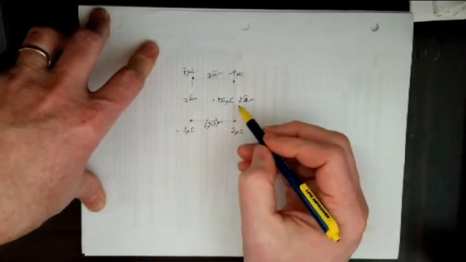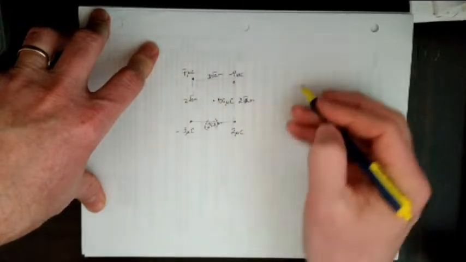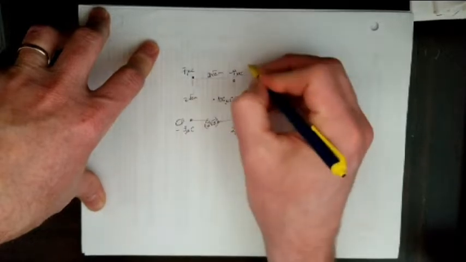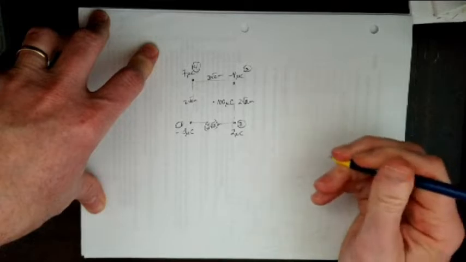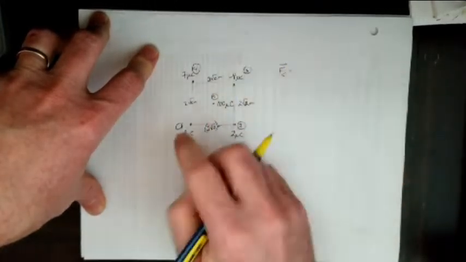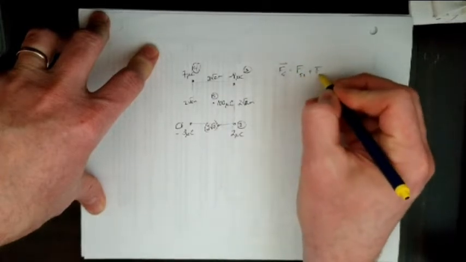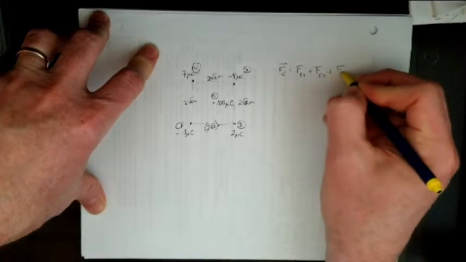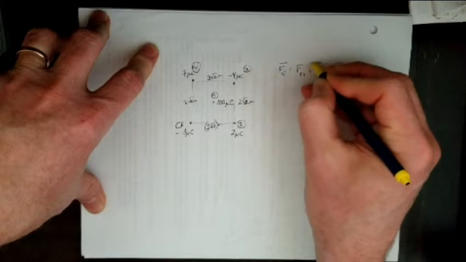So now when I'm working this out, well, I have 4 forces here. I'm going to call this 1, 2, 3, and 4, and 5. So the force on 5 is just the sum of the other 4 forces: F51 plus F52 plus F53 plus F54, and there are vectors involved here.